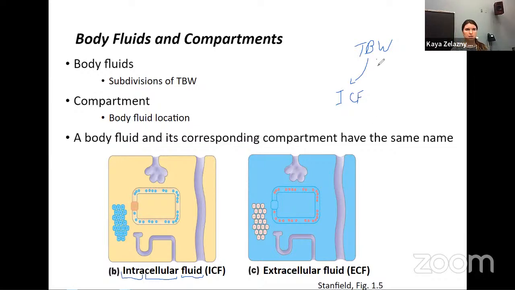And our other main division is going to be just the opposite, right? If we have the inside of the cell, we also need the outside of the cell. So coming back to that extracellular fluid, anything outside the cells, so long as it's still inside the body, is ECF, so extracellular fluid.